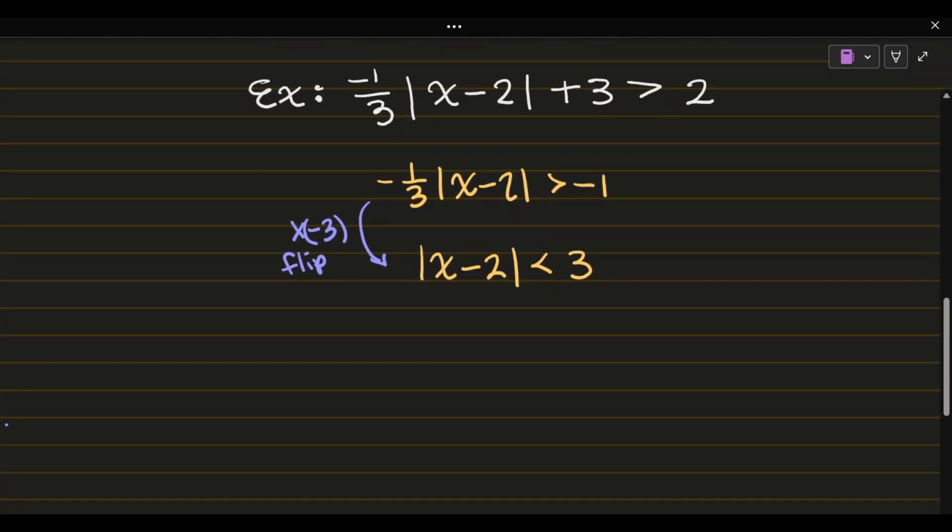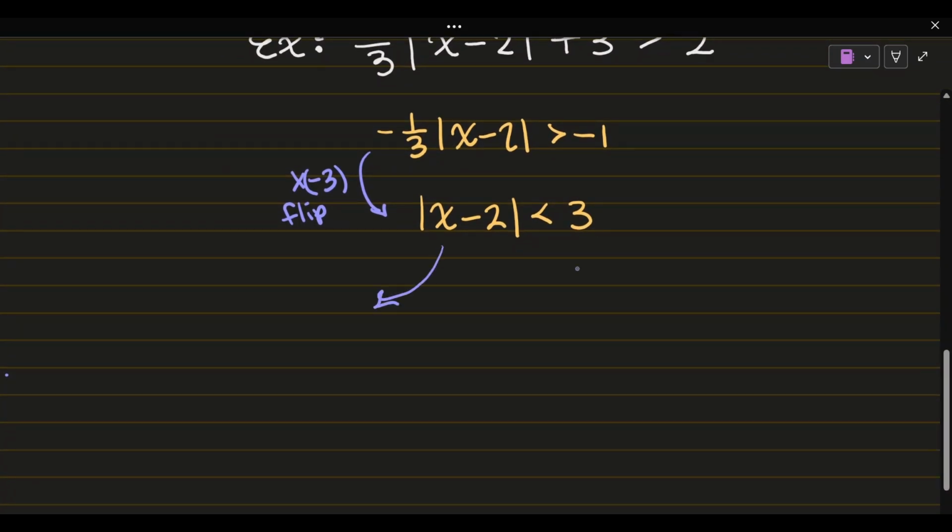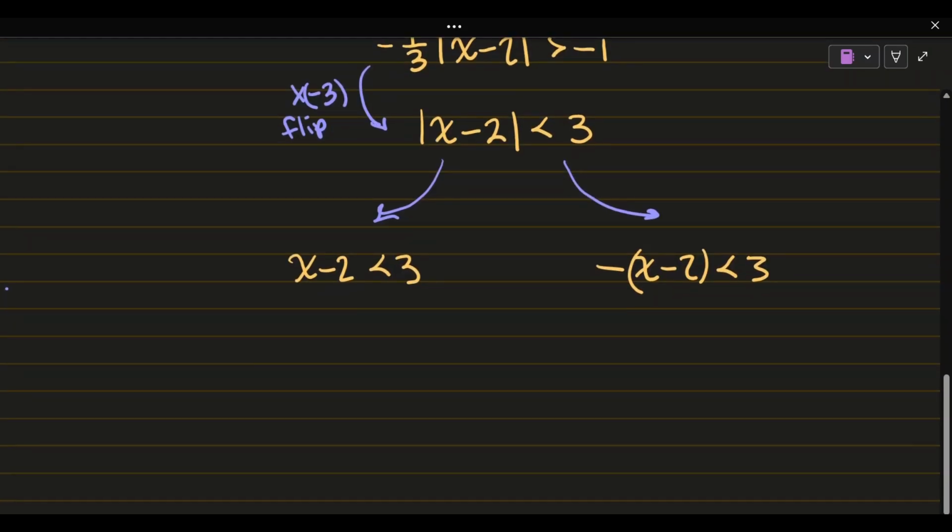Okay, now from this, I separate this into two cases. I have x minus 2 less than 3, and negative x minus 2 less than 3. So I can add 2 to both sides on the left here, and I get that x is less than 5.